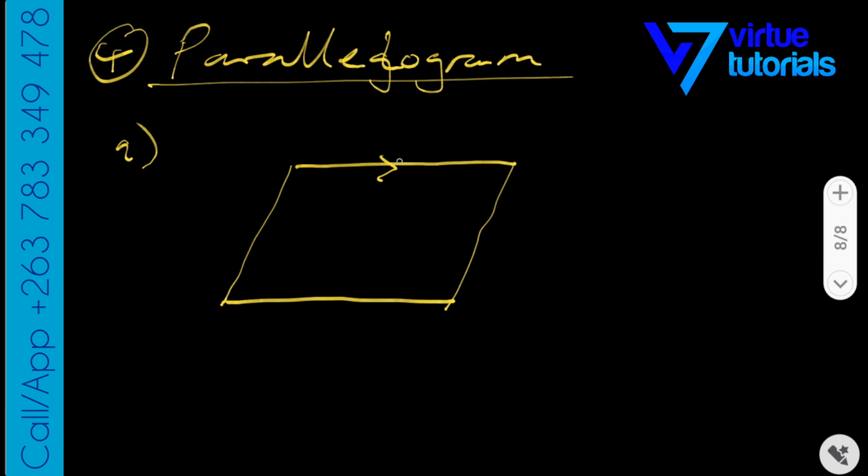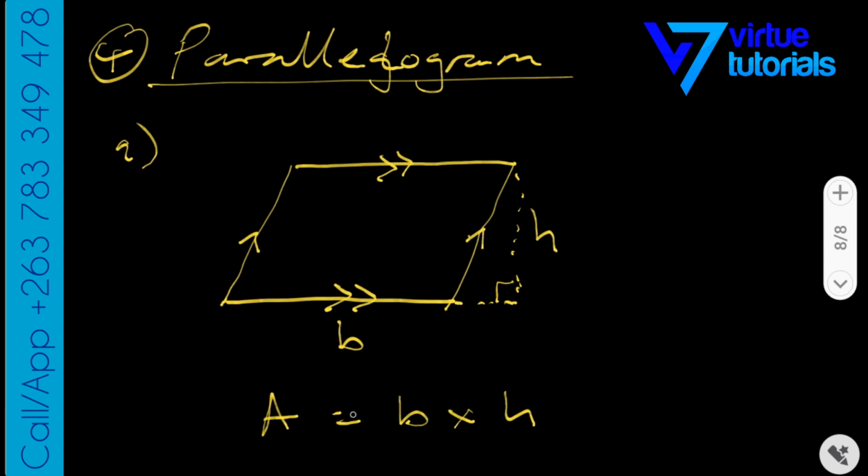So this side is parallel and equal to that side, and that side is parallel and equal to that side. You can identify a perpendicular height and a base. In such a case, our area is equal to base times height.